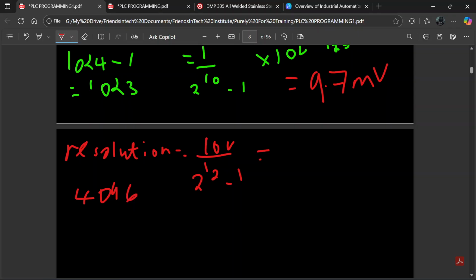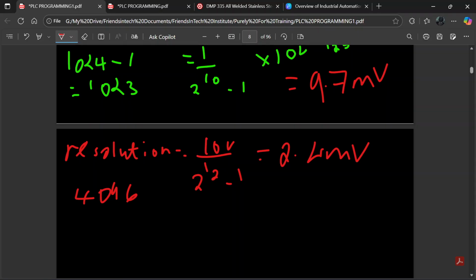So 10 divided by 4095, that will be 2.4 millivolts.